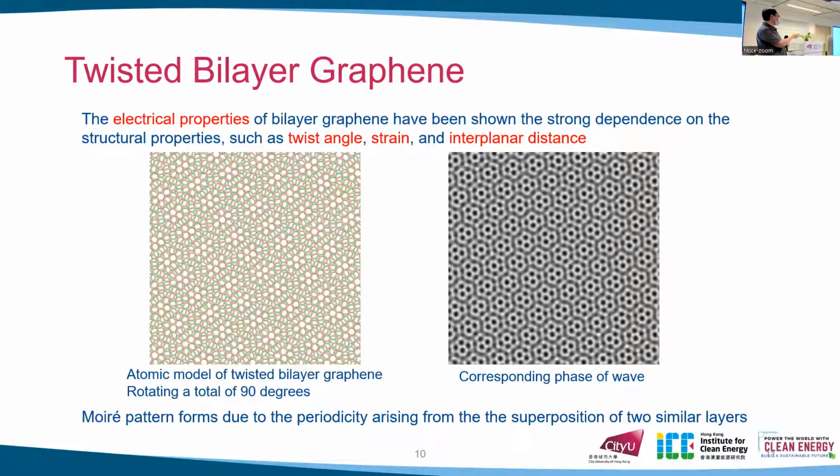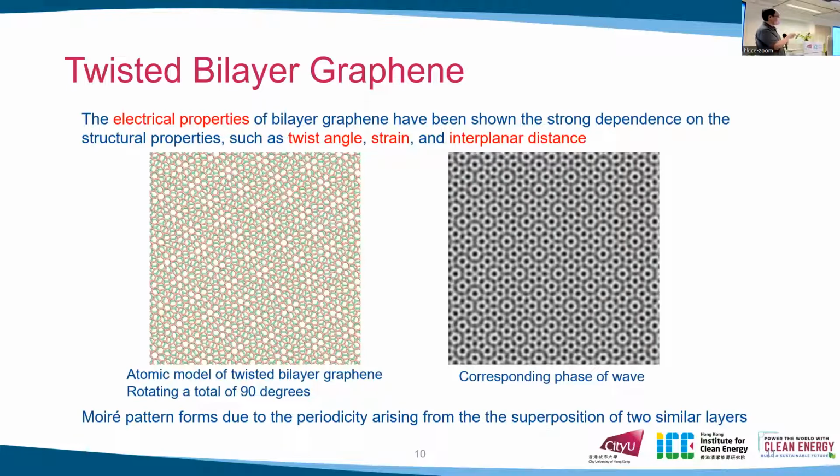We call it a moiré fringe. Actually, what we see in this image is not the position of atoms, it's the interference of electrons. The moiré pattern is formed due to the periodicity arising from the superposition of similar layers. So for this material, we cannot use the above method to reconstruct the atomic structure.